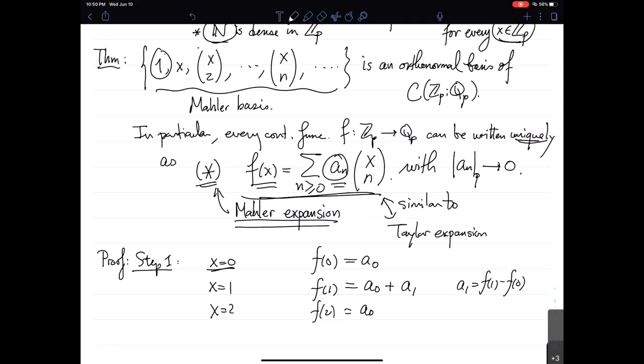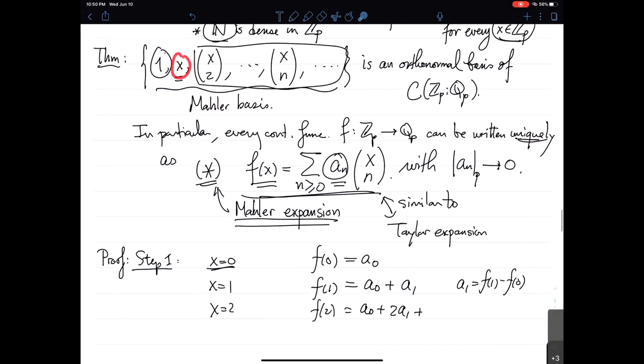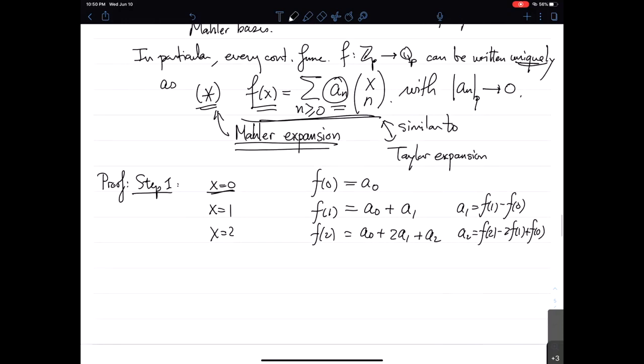This will give me a0 plus, now x equals 2, so I have 2 times a1 plus x choose 2 times a2, and the rest will be 0. So I can solve everything. Let me just tell you the answer. And you can imagine that I can repeat this and get all these values of an that I want.